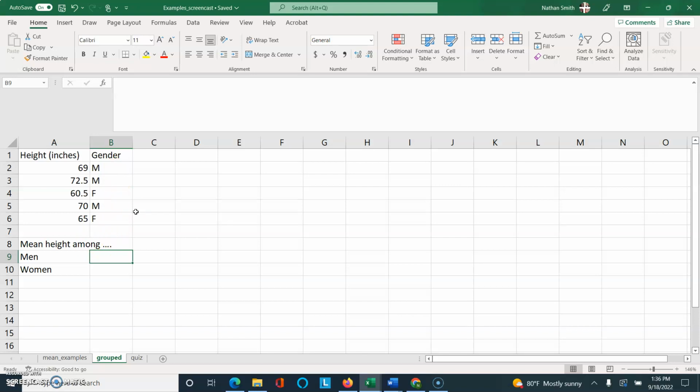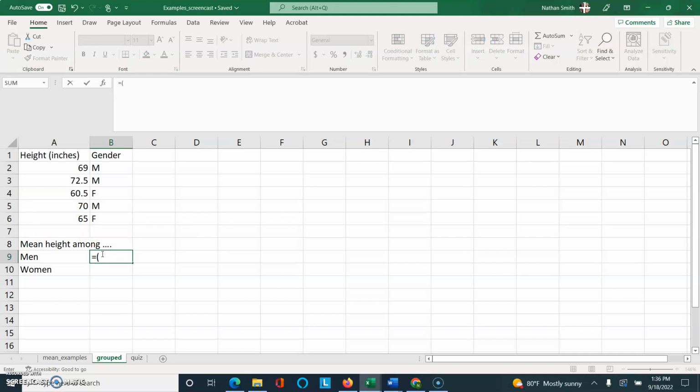Let's suppose I wanted to know the mean height among men and women. I would simply first observe that I have 1, 2, 3 data points, 3 men. So I want to now run my mean calculation, but only among those 3. So let's see how I would do that.